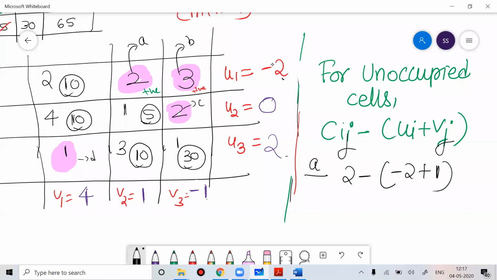See the cell A, which is in pink color. The cost for that is 2. So this is 2 minus (minus 2 plus 1), which is minus 1. So this would be plus 3. This is positive. So A is positive, no problem.